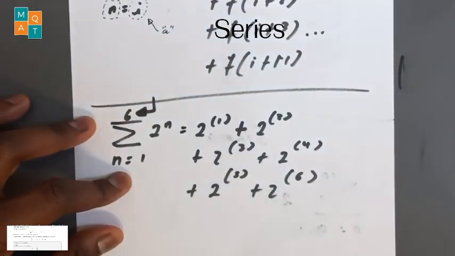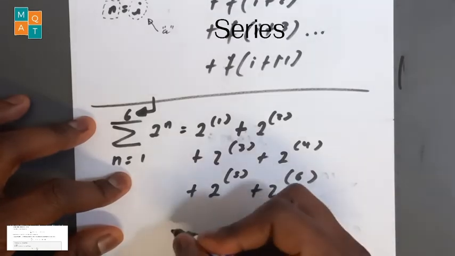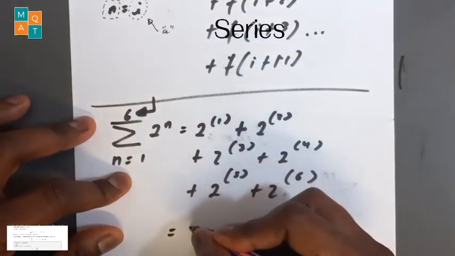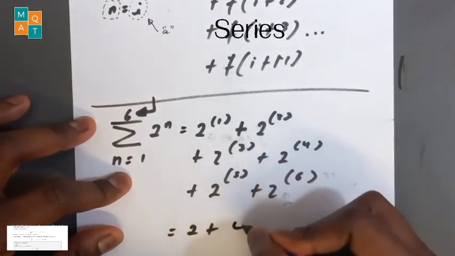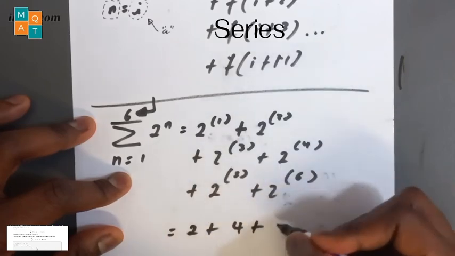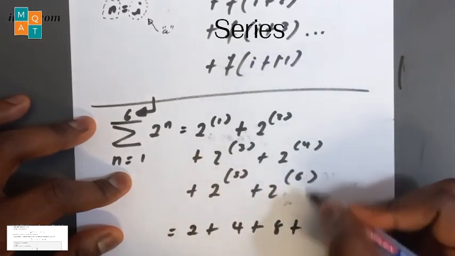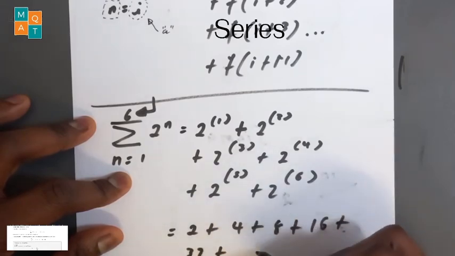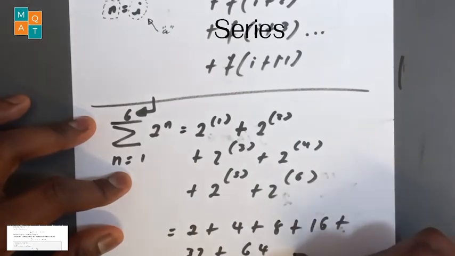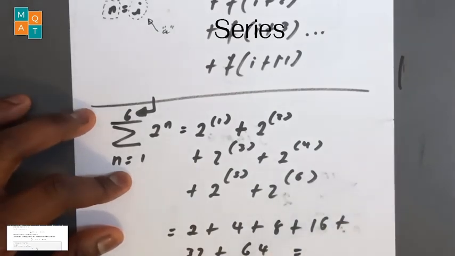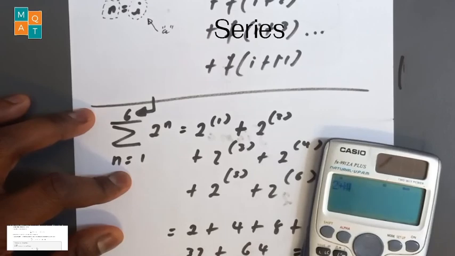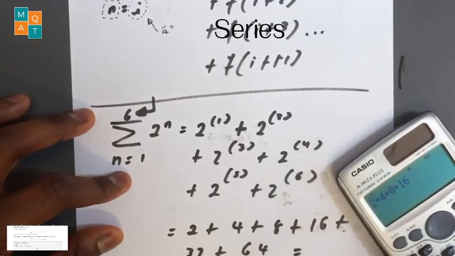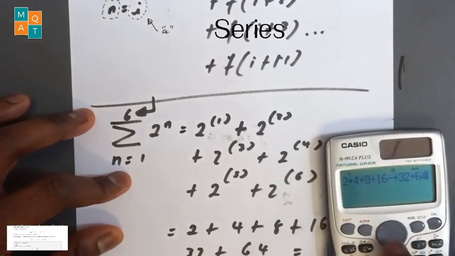Then from there, we sum all the values. 2 exponent 1 is 2, plus 2 exponent 2 is 4, plus 2 exponent 3 is 8, plus 2 exponent 4 is 16, plus 2 exponent 5 is 32, plus 2 exponent 6 is 64. When you sum all these values, 2 plus 4 plus 8 plus 16 plus 32 plus 64, the answer is 126.